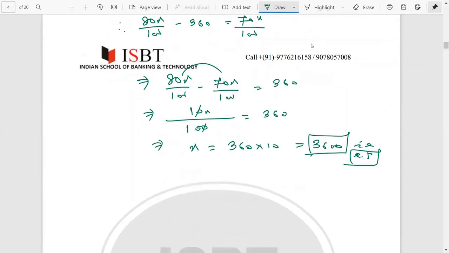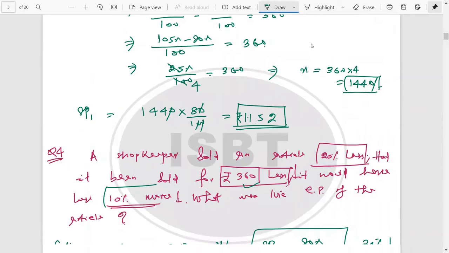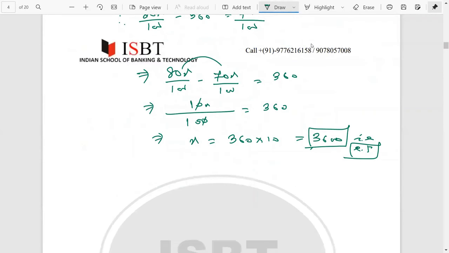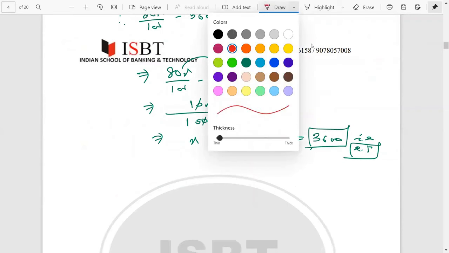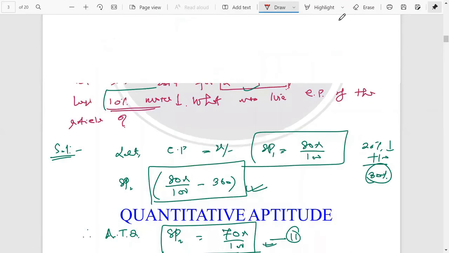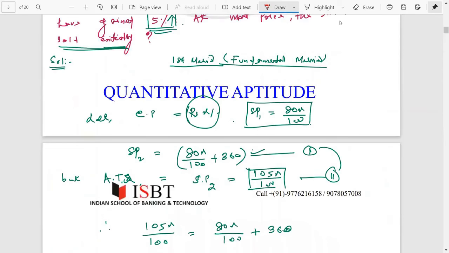Now, for both cases there is a shortcut method. Look at the shortcut method. Take the first question. If you take the cost price as 100, the selling price is 80 rupees.